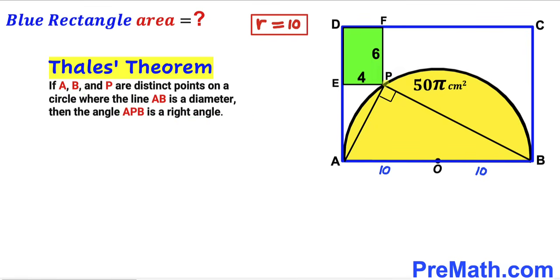So no wonder this angle APB is a 90-degree angle, since AB is the diameter and the points A, B, and P are on the semicircle.